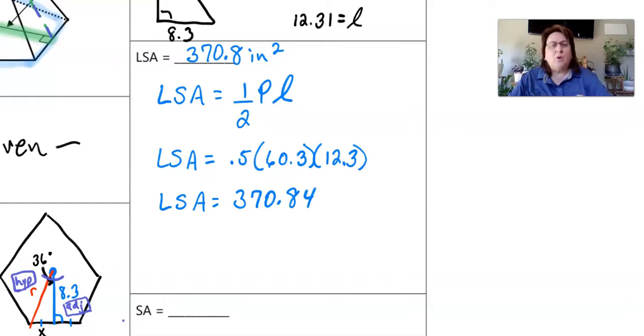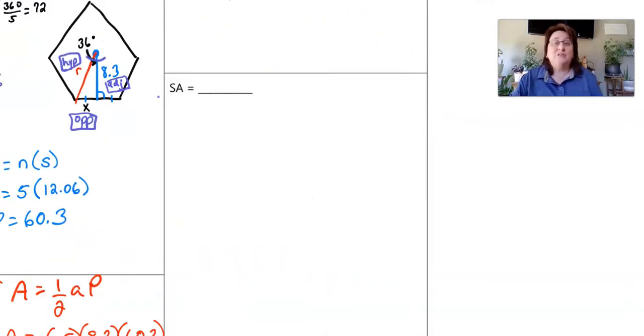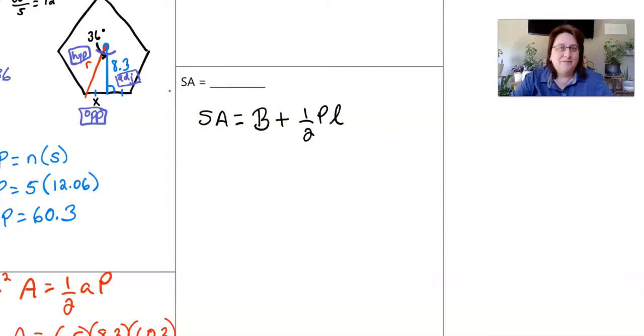So again, guys, once we pick out the right formula, now we just got to figure out what to plug in. Okay, well, having said that, the last thing it's asking us to find is surface area. So which formula should we use this time? Did you guys pick the right one this time? Well, hopefully so. If not, guys, this is the formula for the surface area of a pyramid.